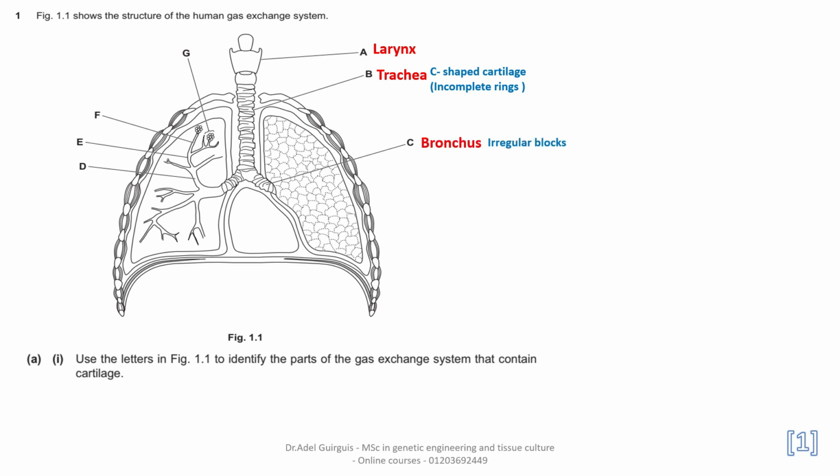What's the difference in the cartilage shape in the trachea and bronchus? In the trachea, it has a C-shaped structure in incomplete rings. In the bronchus, it is represented by irregular blocks of cartilage. So this answers it: B and C, accept A also.